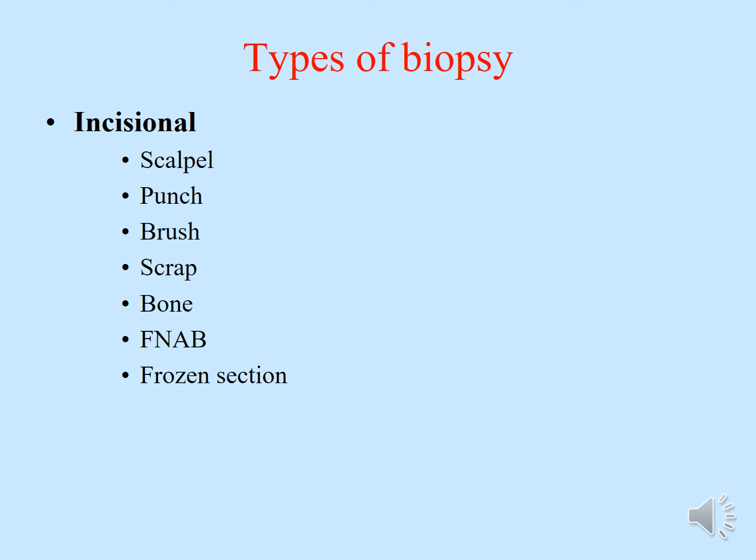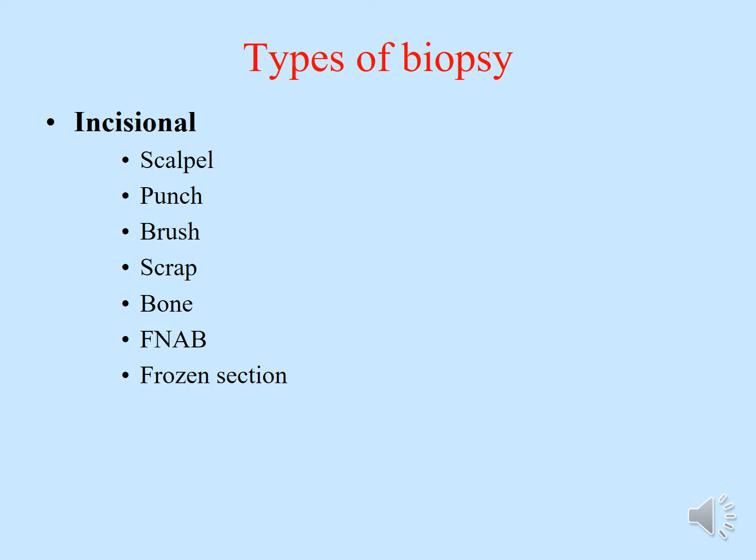Okay, further on, if we look at the types of biopsies under incisional biopsies, they are categorized broadly based on the instrument that is used. Number one, we have scalpel biopsy, punch biopsy, and brush biopsy, where they use a brush. You have scrape biopsy, where they scrape out the mucosal surface.